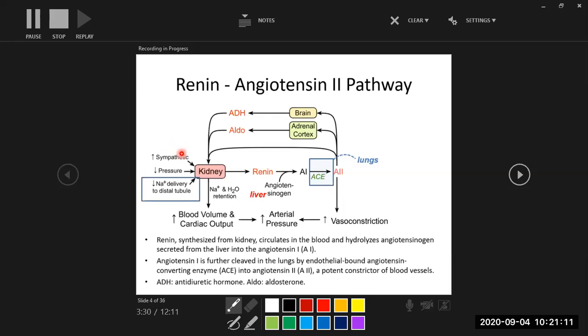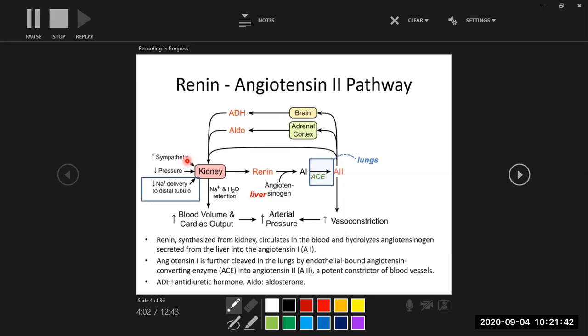Another one is increased sympathetic activity. So if the person is in fight or flight mode, that sympathetic gets excited, and that can trigger the kidney to release renin, and that's a pathway.